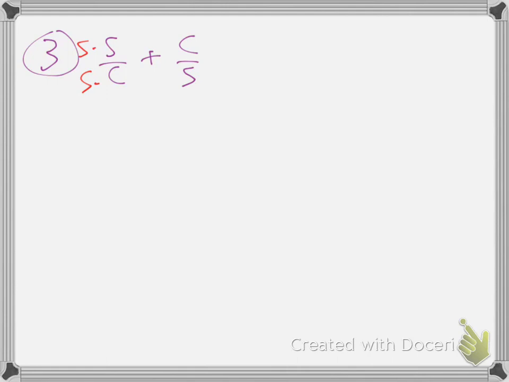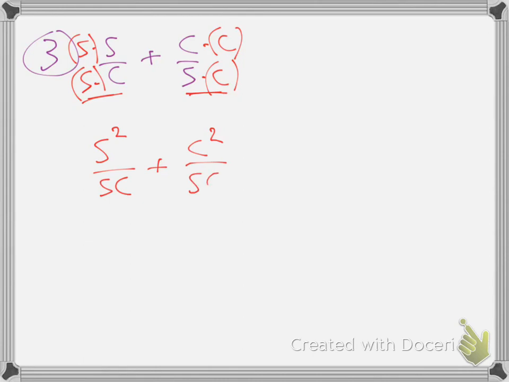Multiply top and bottom of this one by S, top and bottom of that one by C, so that both denominators are SC. Just give them what they're missing, just give them what the other guy has. That makes sense. See how both denominators are SC now? So that's going to be S squared over SC plus C squared over SC.